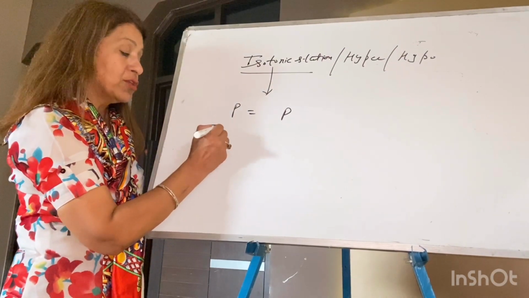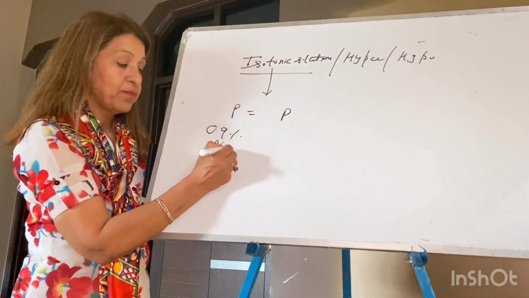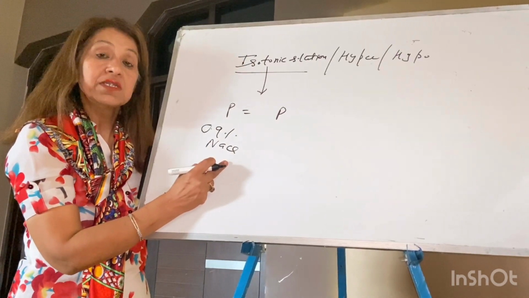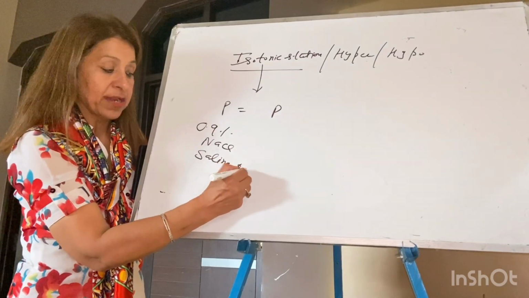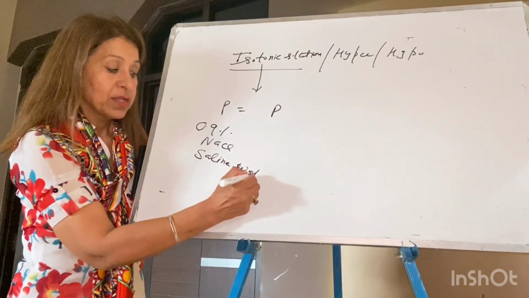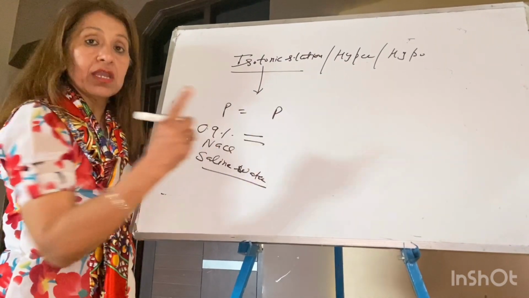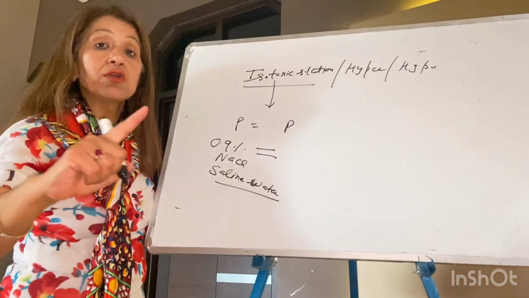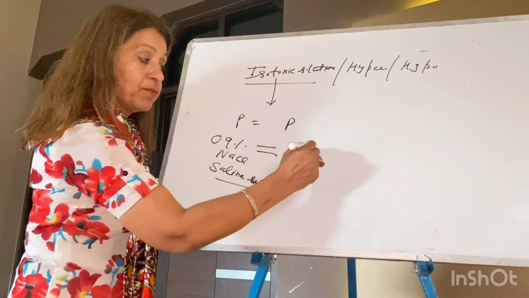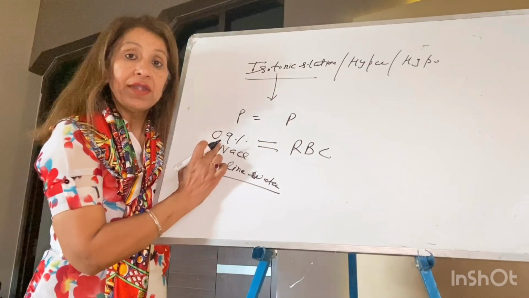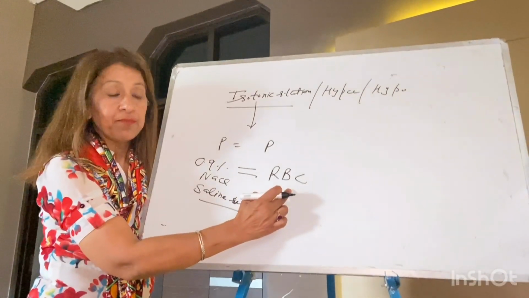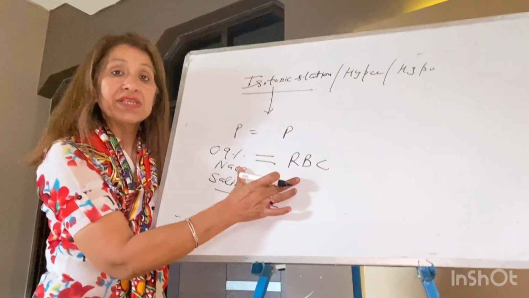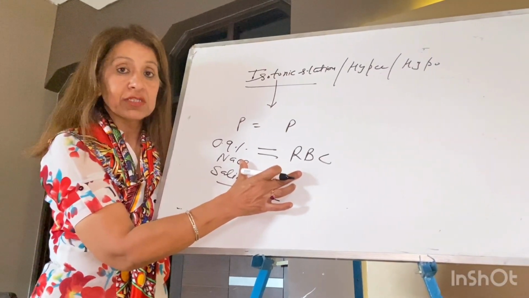Remember, 0.9% NaCl, or you may say saline water, is isotonic. Isotonic means same osmotic pressure with RBC. Remember this, 0.9% NaCl is isotonic with RBC. This is one of the best examples of an isotonic solution.